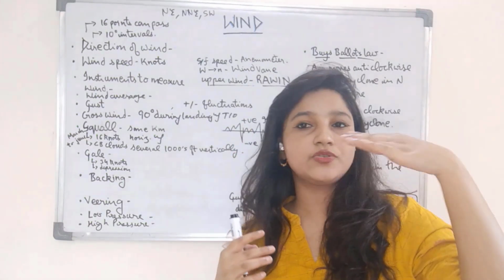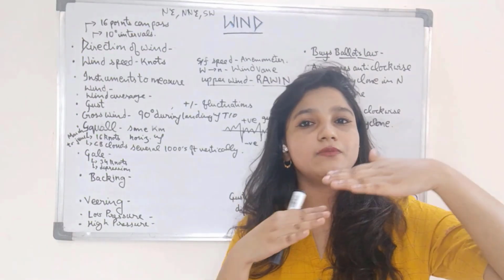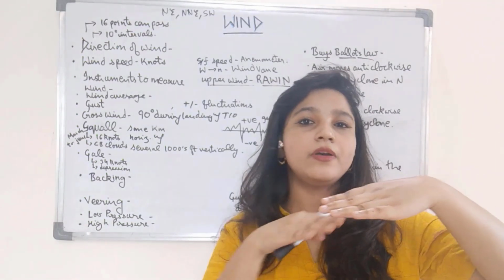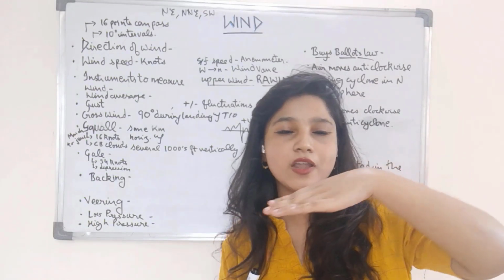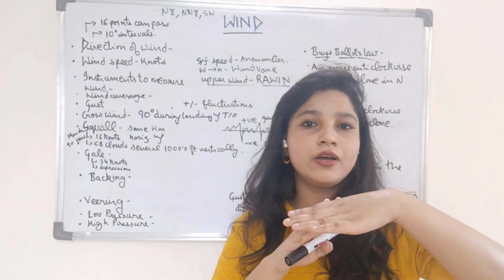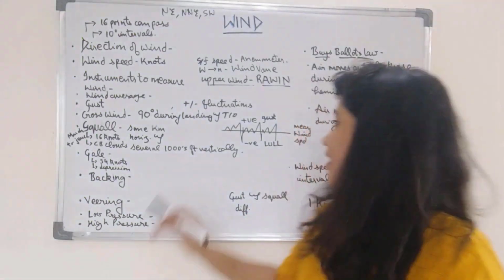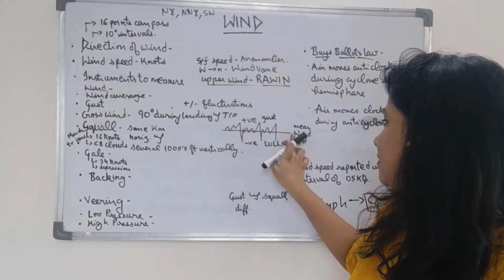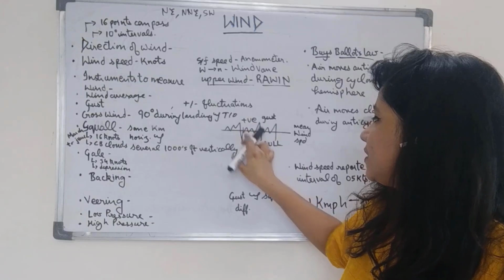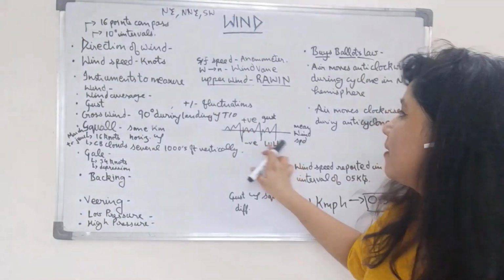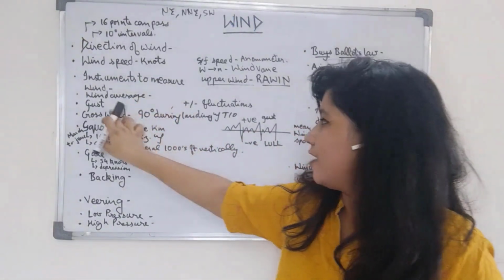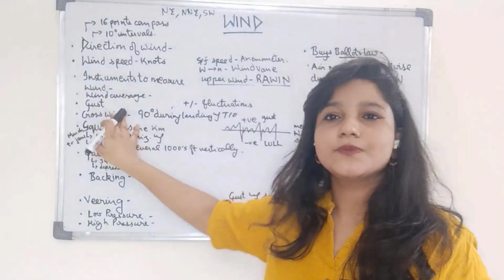But in negative fluctuation, if all of a sudden a wind blows and my aircraft goes down, that is negative fluctuation and it is called a lull. I have made a diagram here. This is mean wind speed, positive gust, negative gust. It is lull.